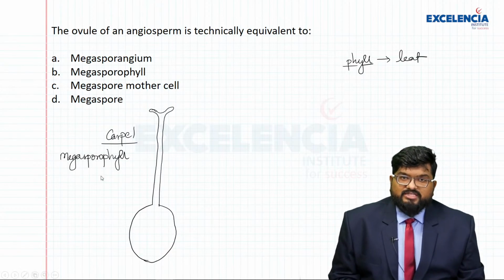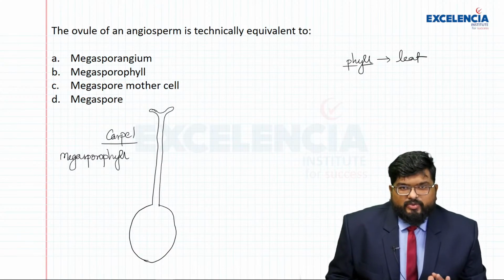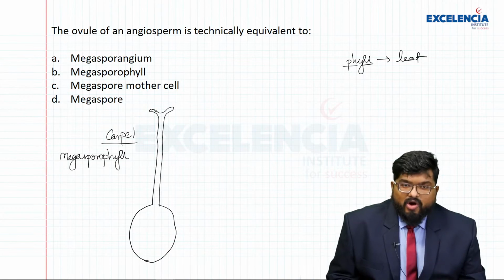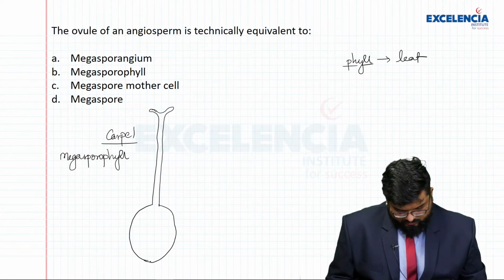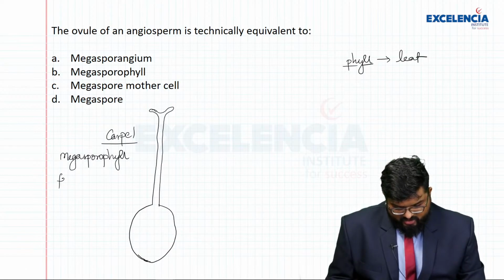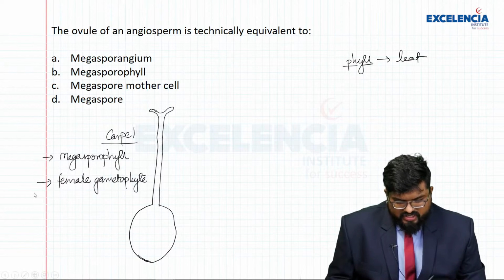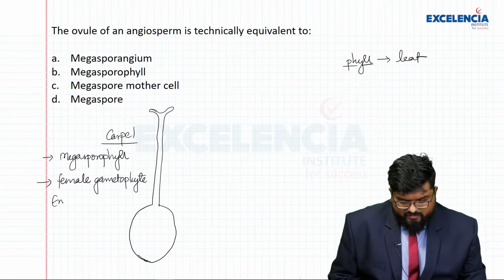So it is a leaf-like structure that bears the megaspore. But what is the megaspore? Megaspore is the female gametophyte, or the embryo sac.